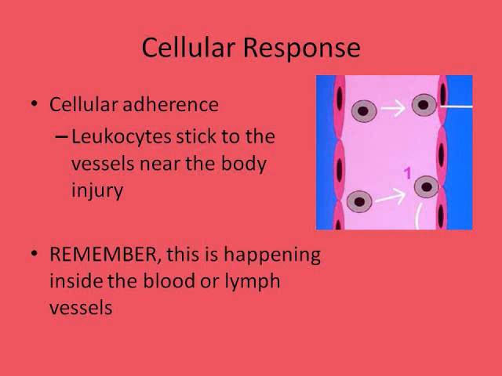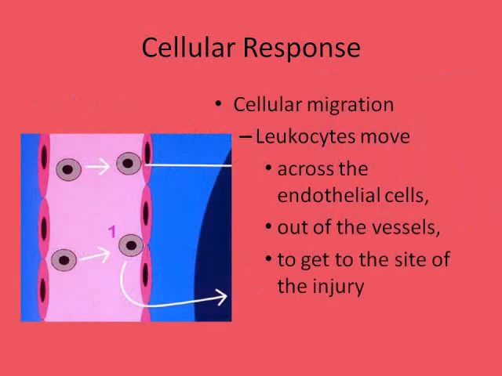If you injure your arm, the leukocytes are going to adhere to the blood vessels near the site of the injury on your arm and then leak through to get to the site of the injury. Then there's cellular migration, which is the actual leukocytes moving through that endothelial membrane to get out of the vessels to get to the site of the injury.